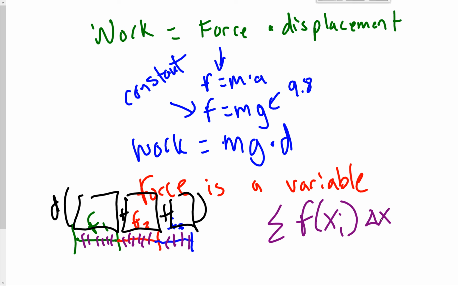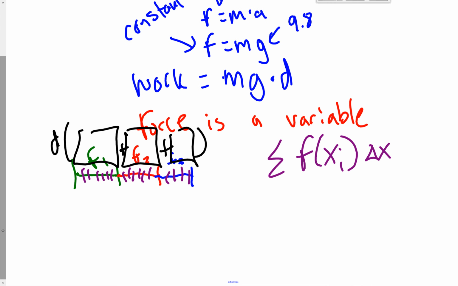Well, that looks very familiar, something that we probably don't like to see, that idea of the Riemann sum. And if we take the limit of this as the number of increments goes to infinity, so as we get smaller and smaller increments, then we look at this as the integral, right?